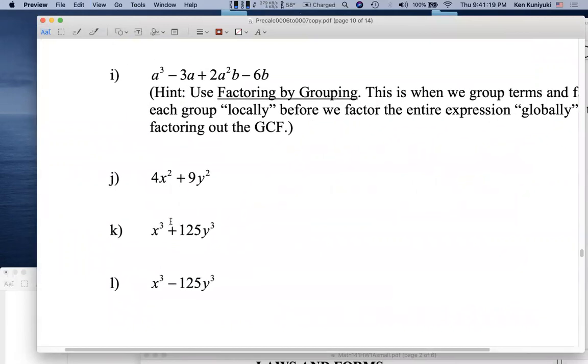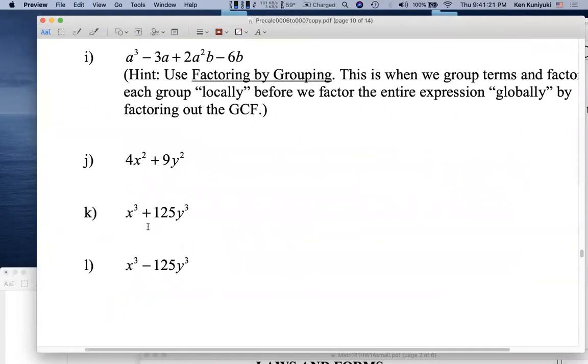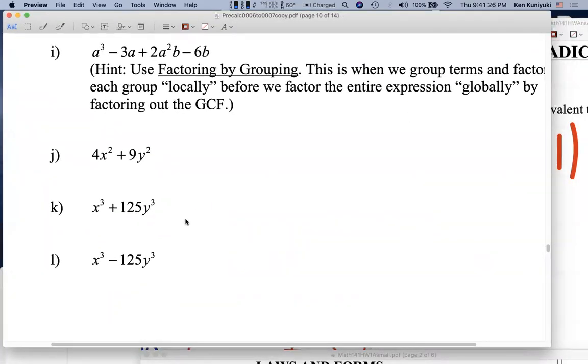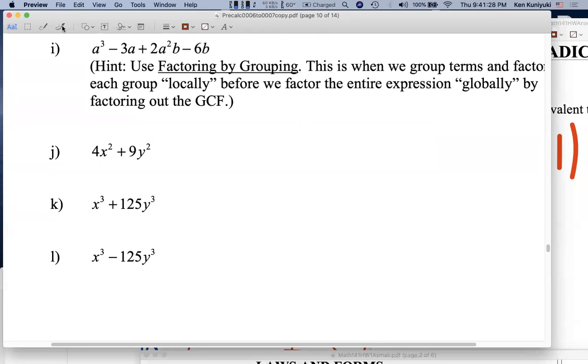We can do one of these practice handouts, like K, for example. Again, this is not homework, but I wanted people to look these over. So let's take a look at K.